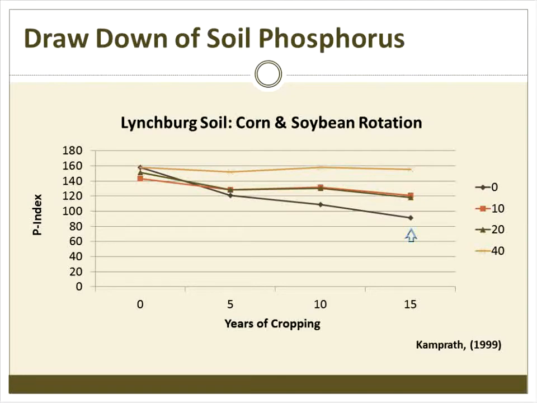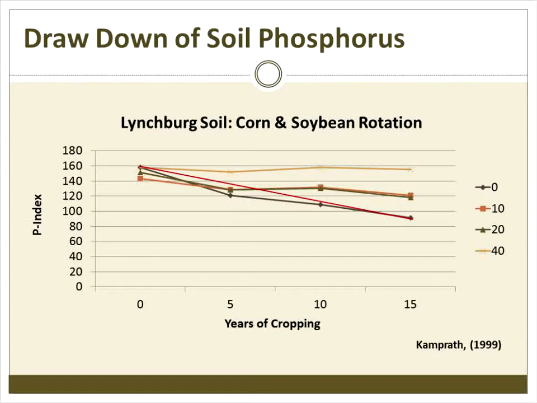And the thing that you can really pick up is, as you go through time, when you add phosphorus, 40 pounds per acre, you can kind of maintain your phosphorus levels in the soil. When you don't add phosphorus, you can get a decline in the amount, all right?